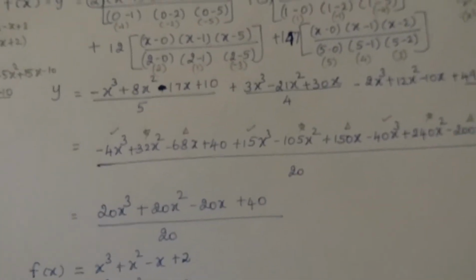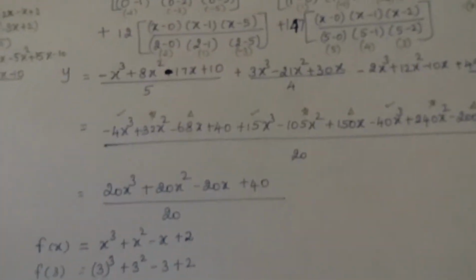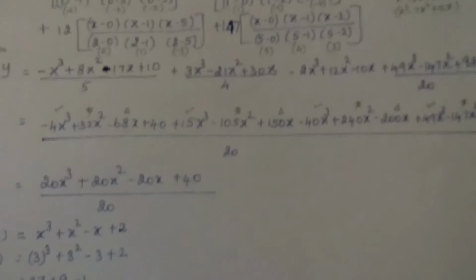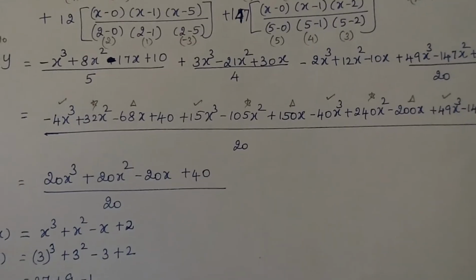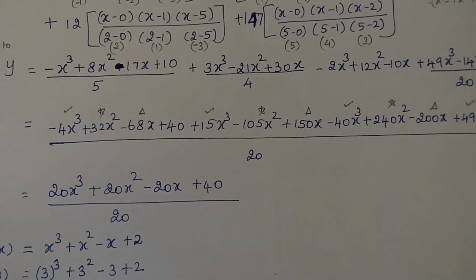Okay, fine. Once it is done, as the denominators are different, we know that you have to take an LCM. Take an LCM and then simplify the x cube terms, x squared terms, and then x and the constants.